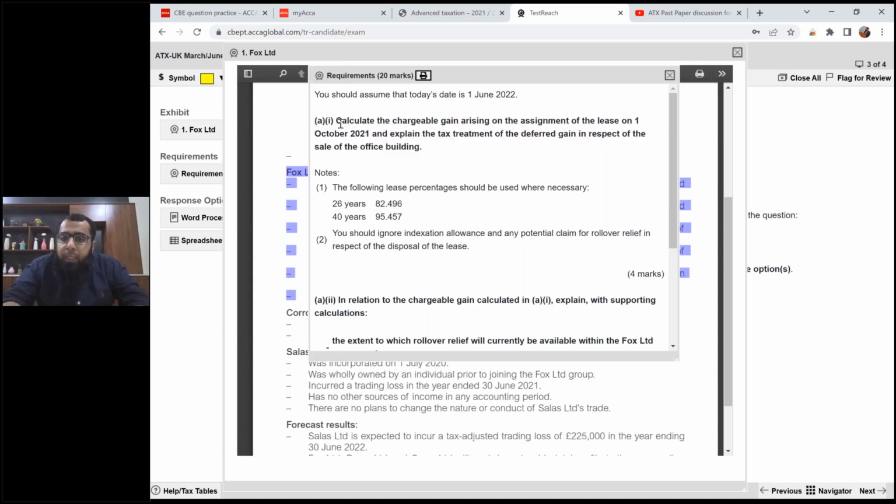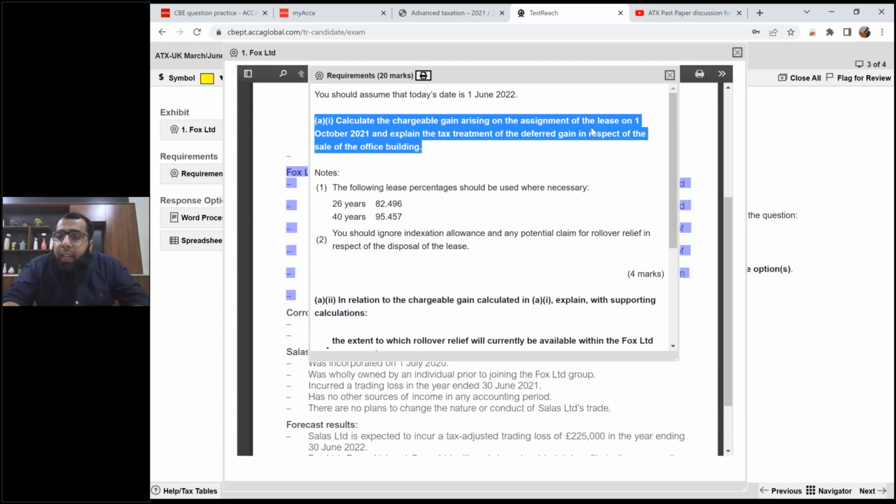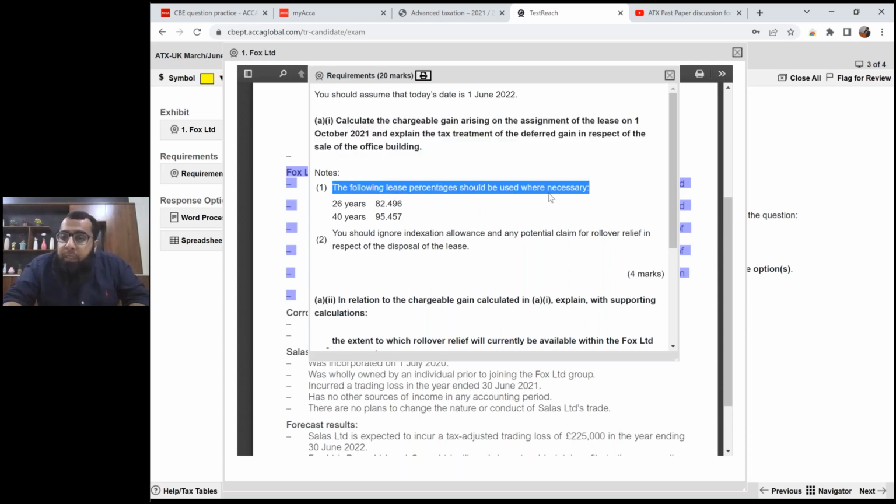Calculate the chargeable gain arising on the assignment of the lease on 1st October 2021 and explain the tax treatment of the deferred gain in respect of the sale of the office building. The following lease percentages should be used where necessary: 26 years, 40 years.